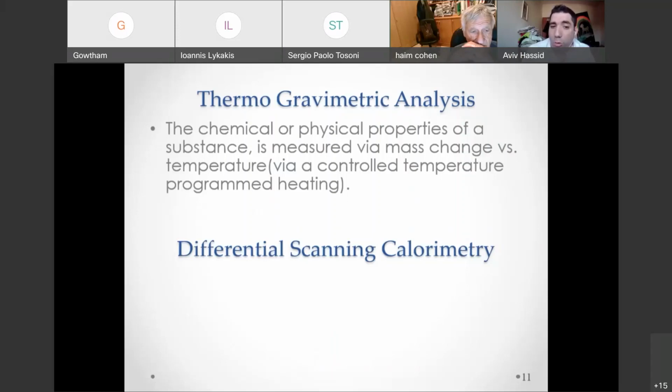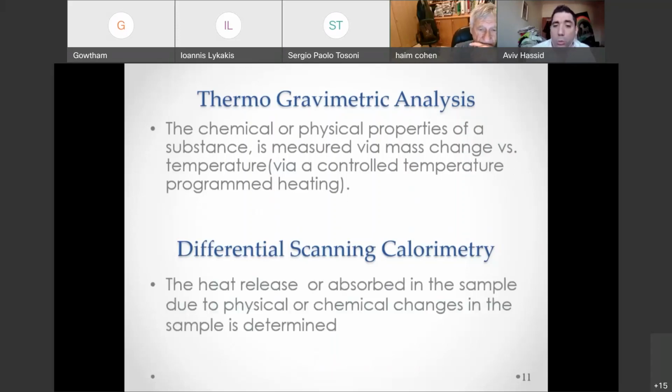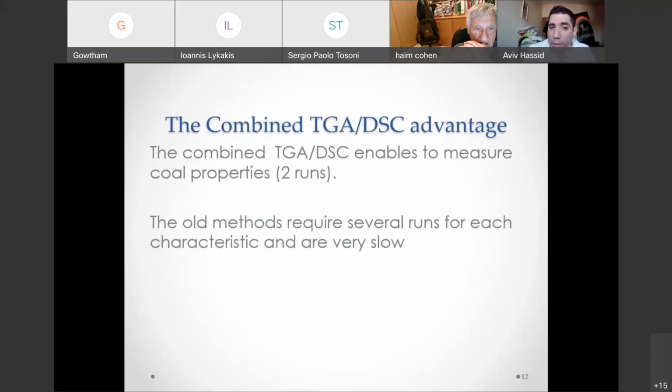While in the differential scanning calorimeter, we measure those properties through the heat release versus the temperature. The main advantage of this device is that it enables us to measure the coal properties much faster and more efficiently than the other methods.